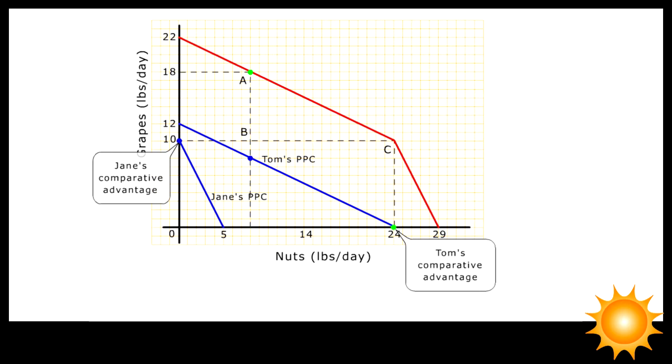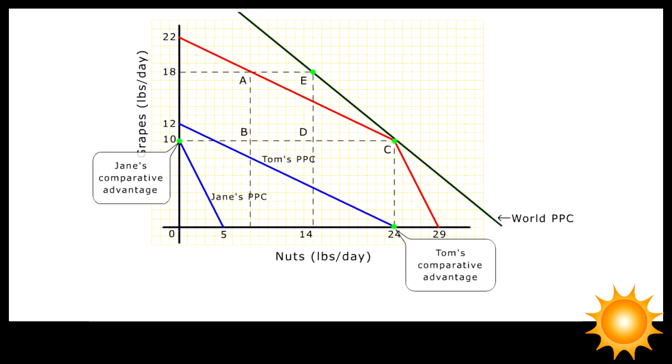But if Tom and Jane trade with the outside world along the world PPC that has a more favorable trading ratio between grapes and nuts, then both Tom and Jane can completely specialize by moving from point A to point C. At point C, both Tom and Jane completely specialize.